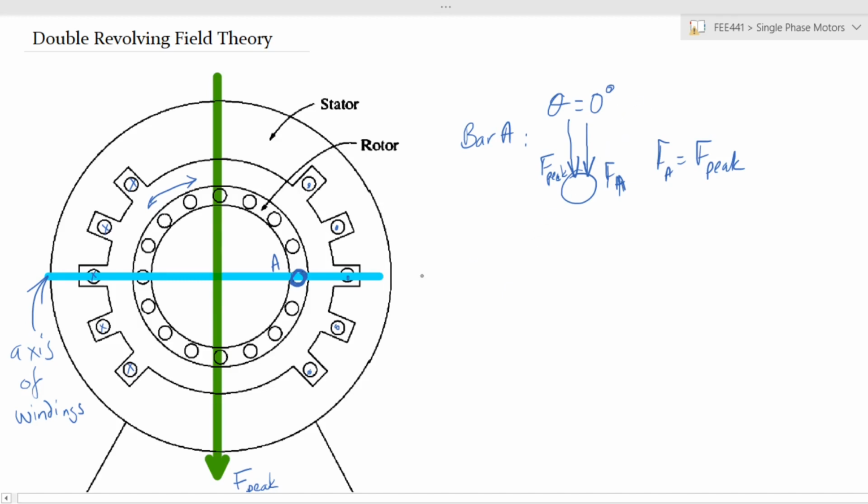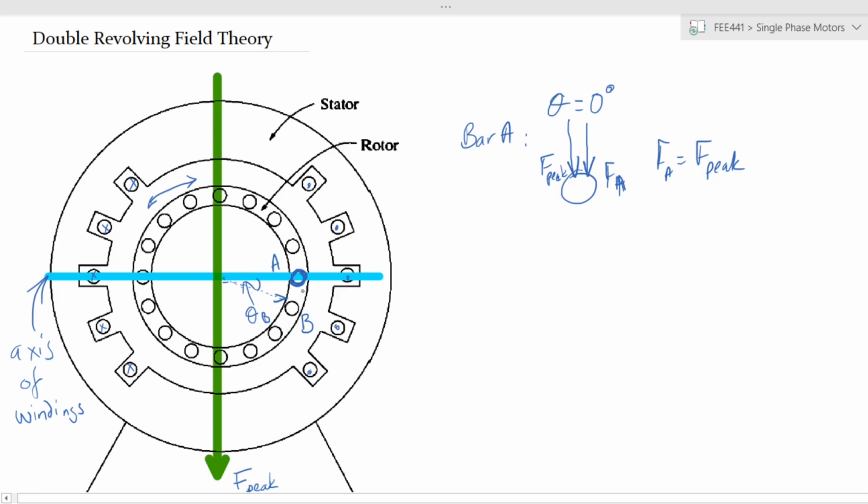Okay. Now let's take another bar. Let's call this bar number B. Now bar number B, that is not very straight, but it represents what we are looking at. It is a certain angle from the axis. Let's call it theta B, a certain angle from the axis of the windings.